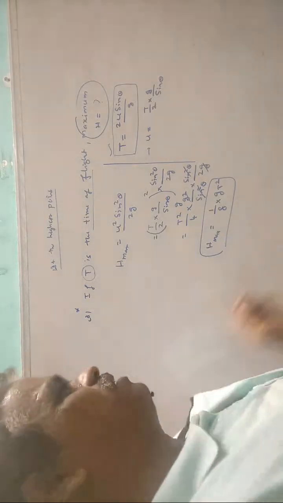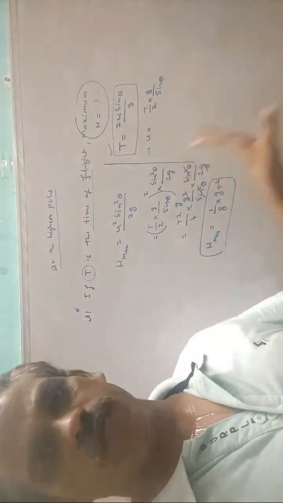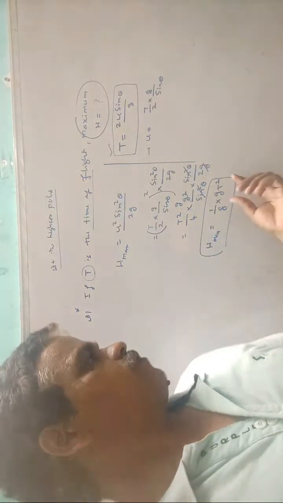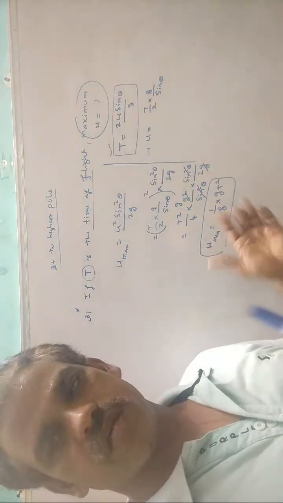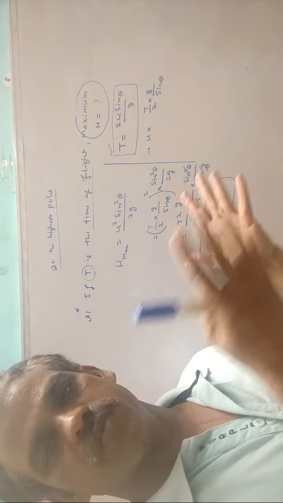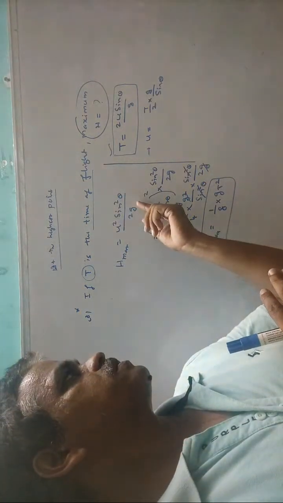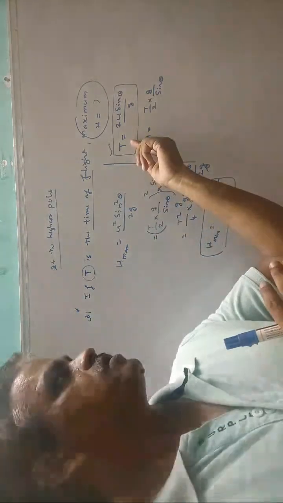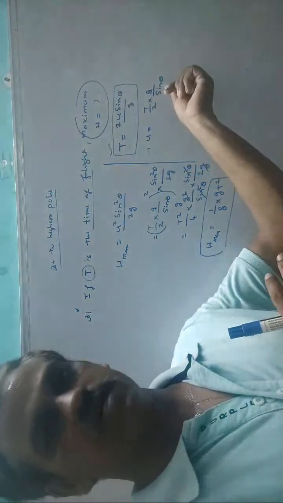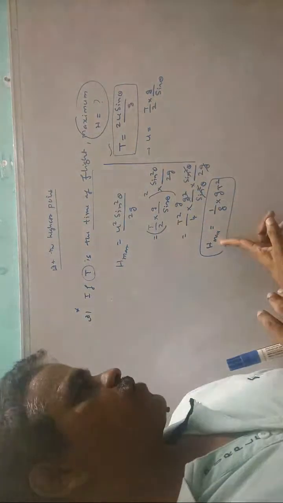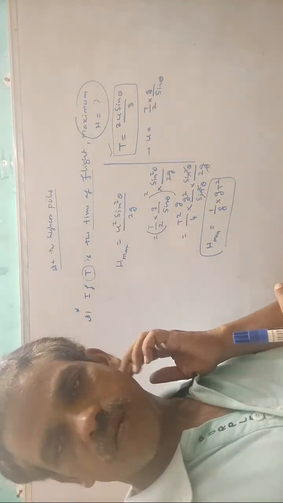Just what I did here, simply I converted the maximum height formula in terms of time of flight. If we know time of flight, we can calculate maximum height. Just I changed the formula. That is the conversion between two formulas. Initially the maximum height formula is u square sin square theta by 2g. T equal to 2u sin theta by g, we can write u equal to T by 2 g by sin theta. Just substitute here. You will get the maximum height formula in terms of time of flight.